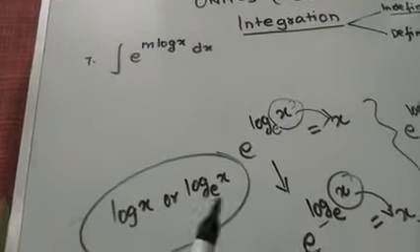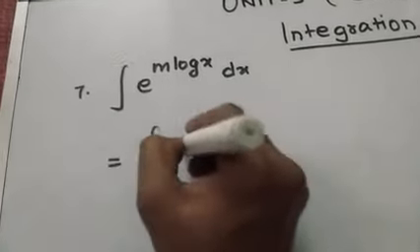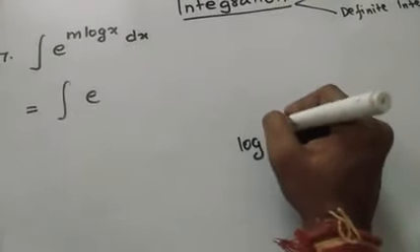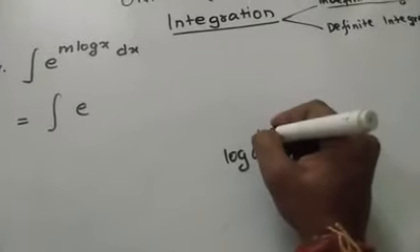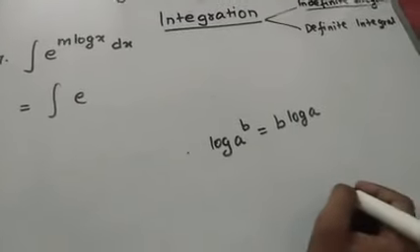Now what will help here? See, I'm saying, what was the property of a log? Log a to the power b can be written as b log of a, right?